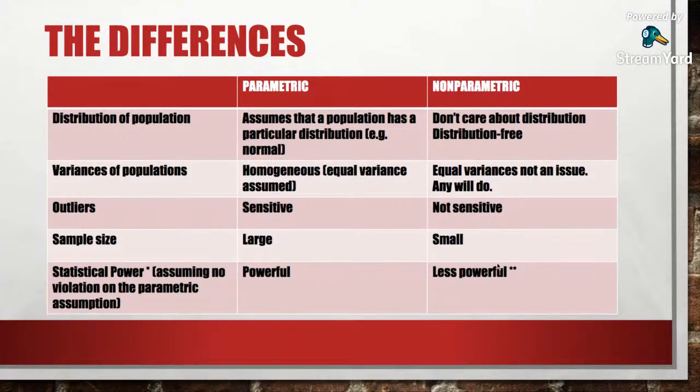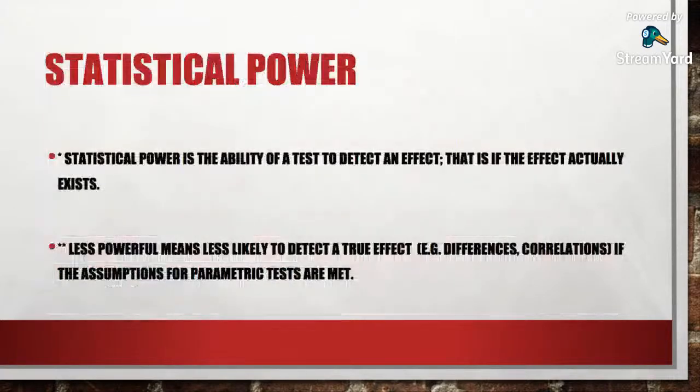For non-parametric tests, it's less powerful. What does it mean? Statistical power is the ability of a test to detect an effect, given that the effect actually exists. Less powerful means less likely to detect a true effect, like differences or correlations, if the assumptions for parametric tests are met.